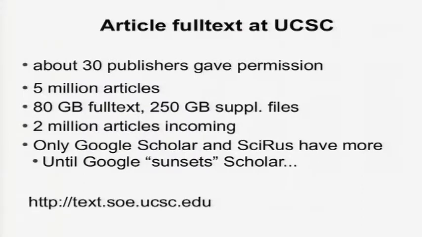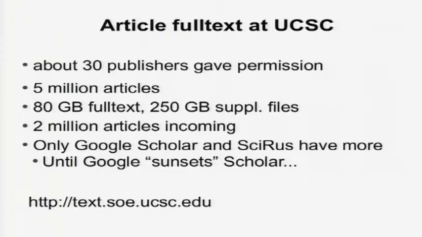So now we have around 4 to 5 million articles, with 2 million still coming in. That hasn't really changed a lot since the BioCreative meeting. And in total, that's around 80 to 100 gigs raw full text and a lot more of supplementary files. When I can get them, I will try to get the supplementary files as well as possible. These come in various document flavors, so PDF, Microsoft Office, Excel files, whatever, and get converted to text.